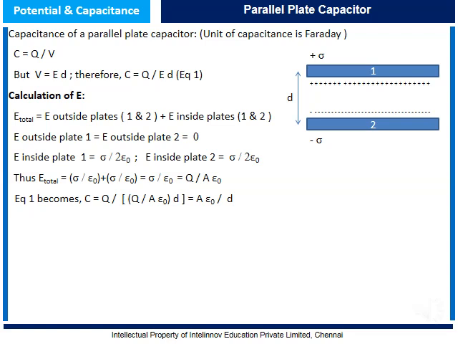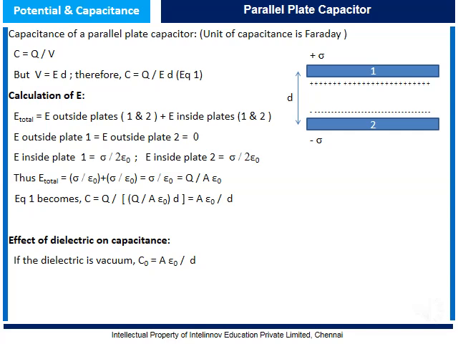Now let us understand the effect of dielectric on capacitance. If we assume that the dielectric is vacuum, then C naught can be written as A epsilon naught by D. This C naught refers to the capacitance when the dielectric is vacuum.